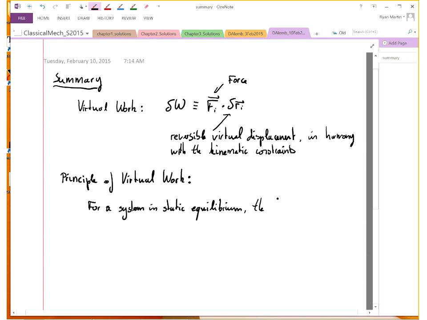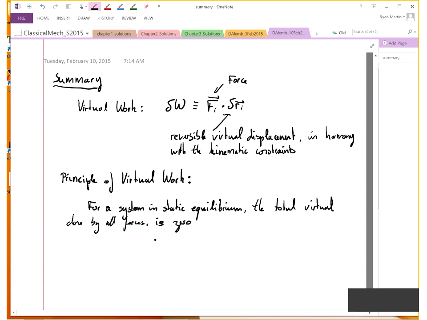So for a system in static equilibrium, the total virtual work done by all forces is 0.